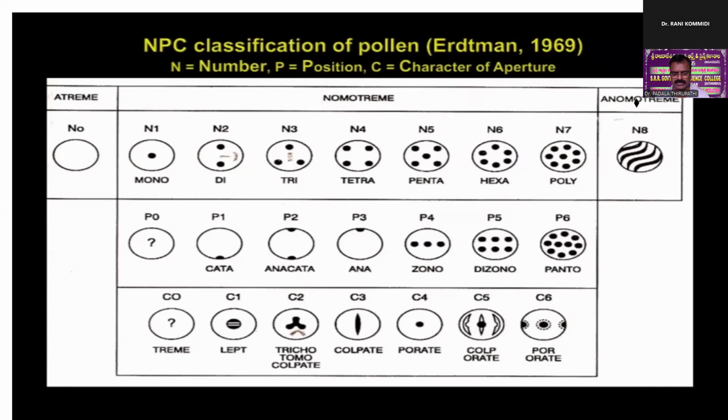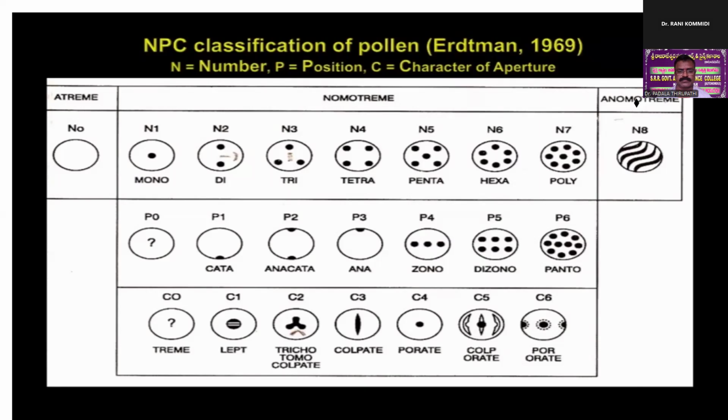The pollen having an aperture like a thin area, or leptoma, is designated as C1. C1 is nothing but leptoma, L-E-P-T, which means the pollen having an aperture like a thin area.